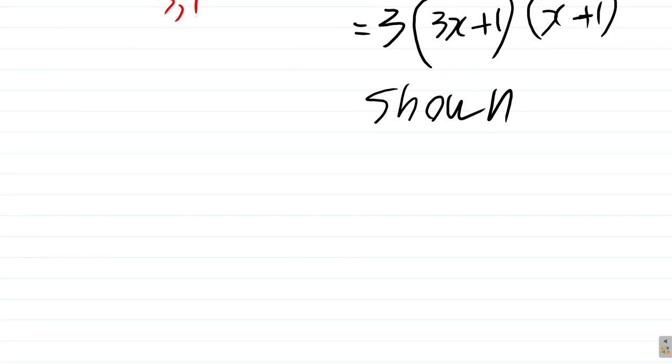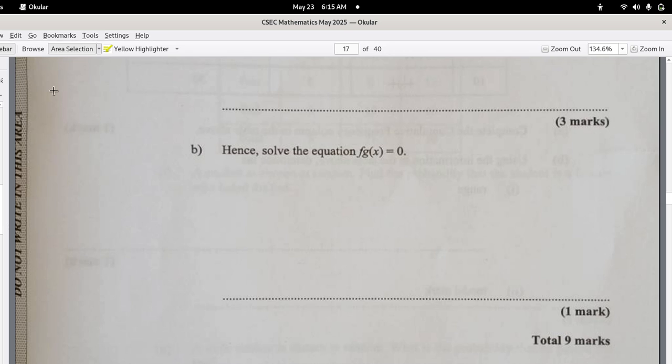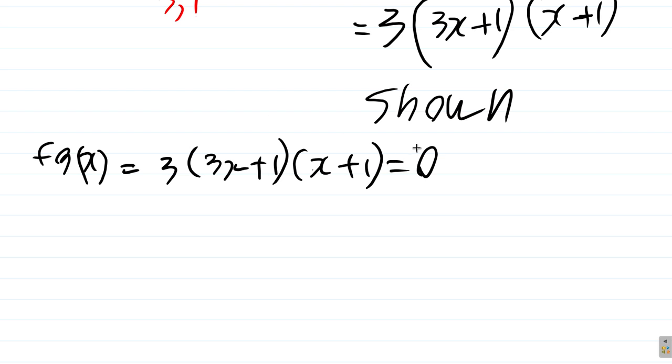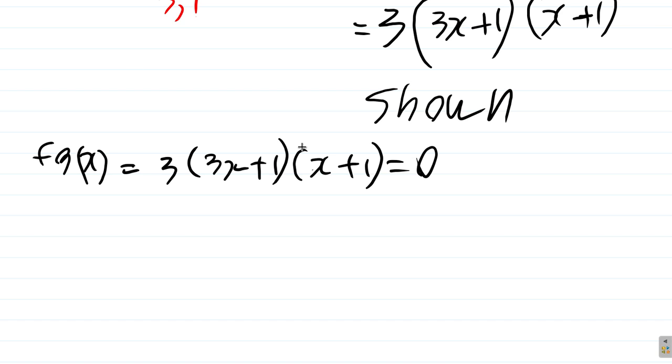Now remember, what it says here is that fg of x is equal to 3x plus 1, x plus 1. And they say fg of x is 0. So this is equal to 0. Now it's 1 mark, so it's not going to be a lot of work.